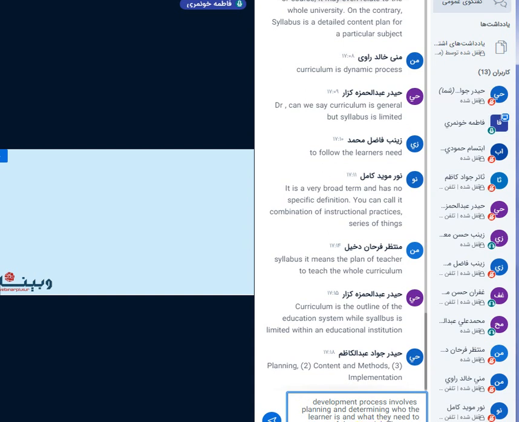These are some planning tasks which are mostly related to what exactly happens at the planning stage of the curriculum development process.